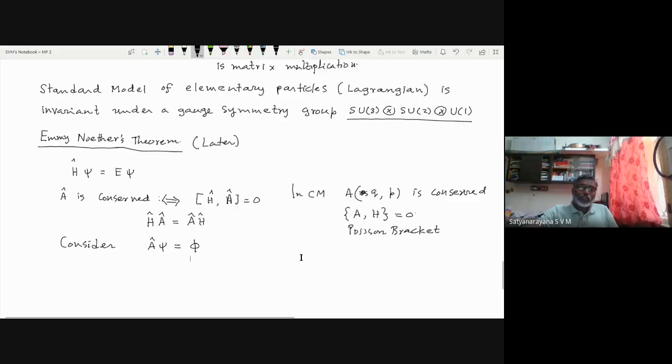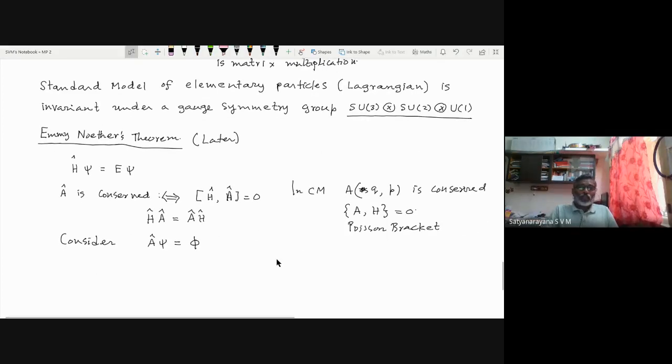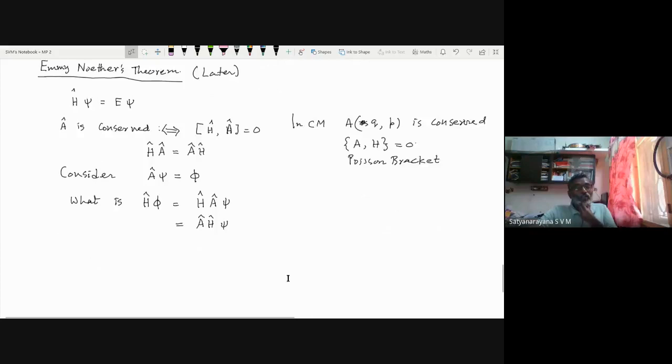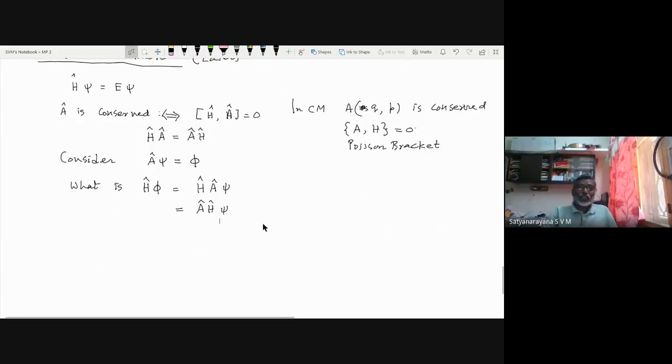Now we ask a question: what is H acting on phi? It turns out that H acting on phi is HA into psi. But I can write this as AH into psi because HA is same as AH into psi. But I already know what is H psi. H psi is equal to E psi.